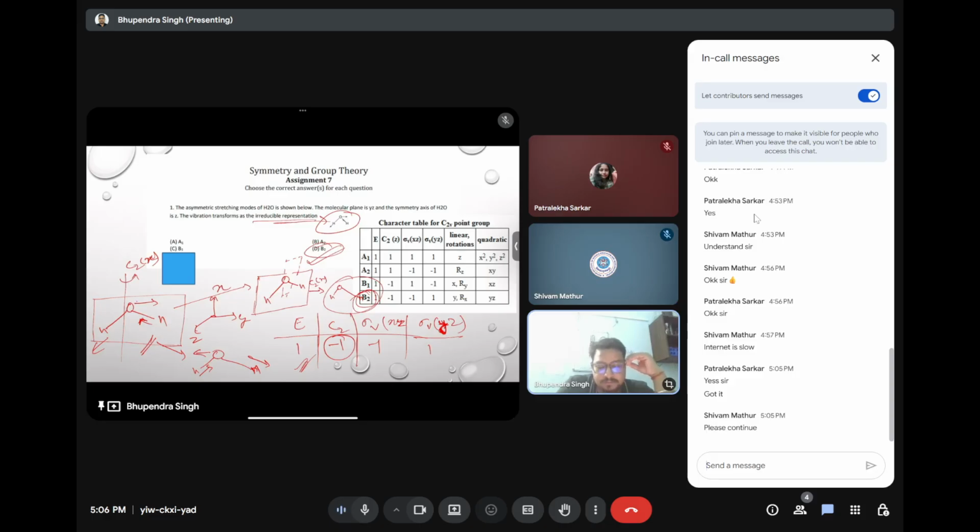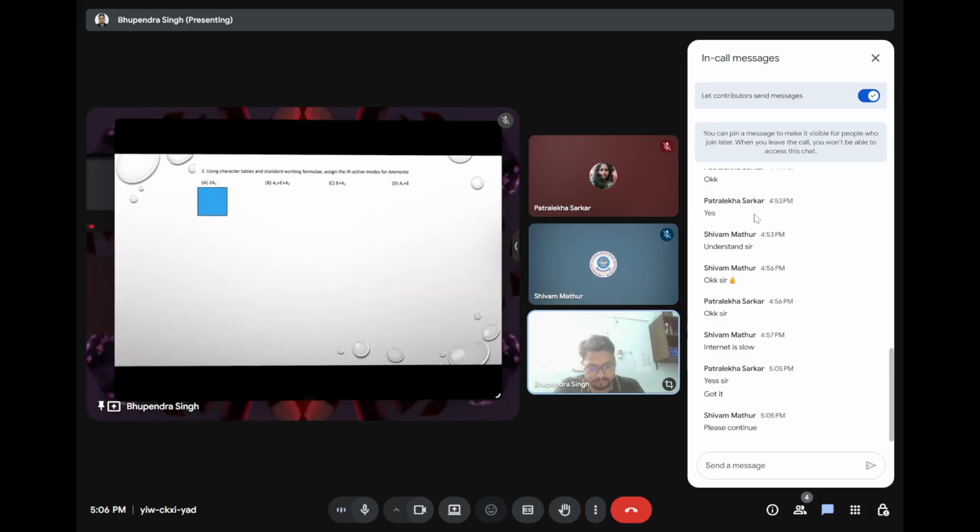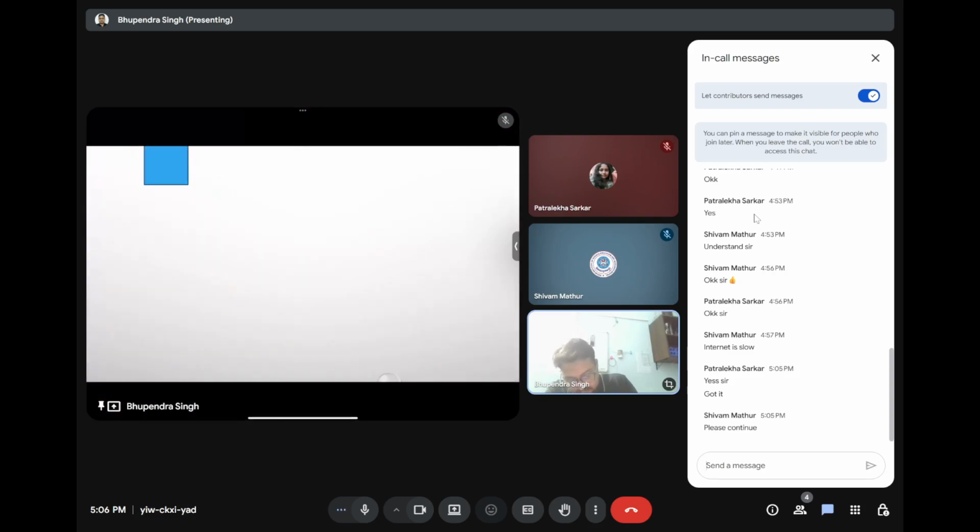Okay. Question number 2 is, using character table and standard formulae, assign the IR active mode for ammonia. For ammonia we need a character table. Let's first draw ammonia.